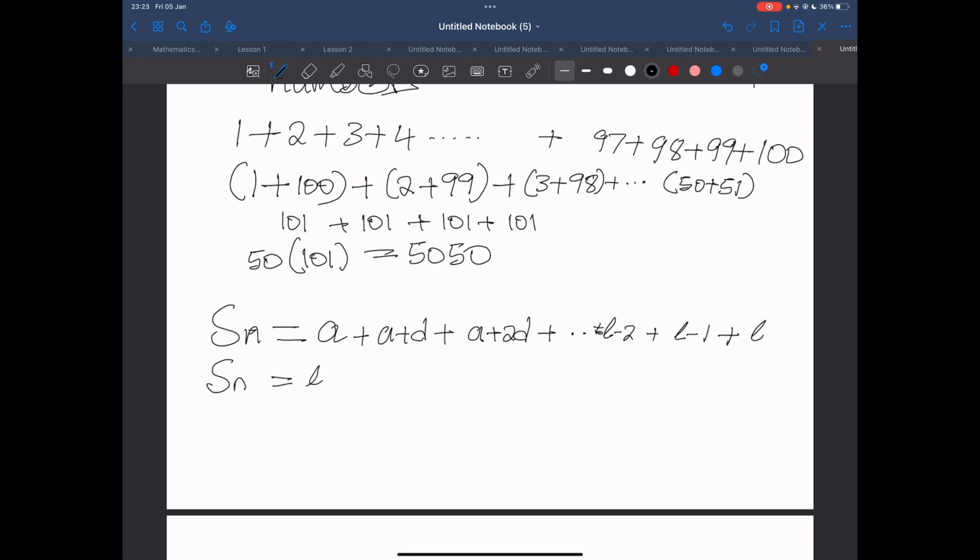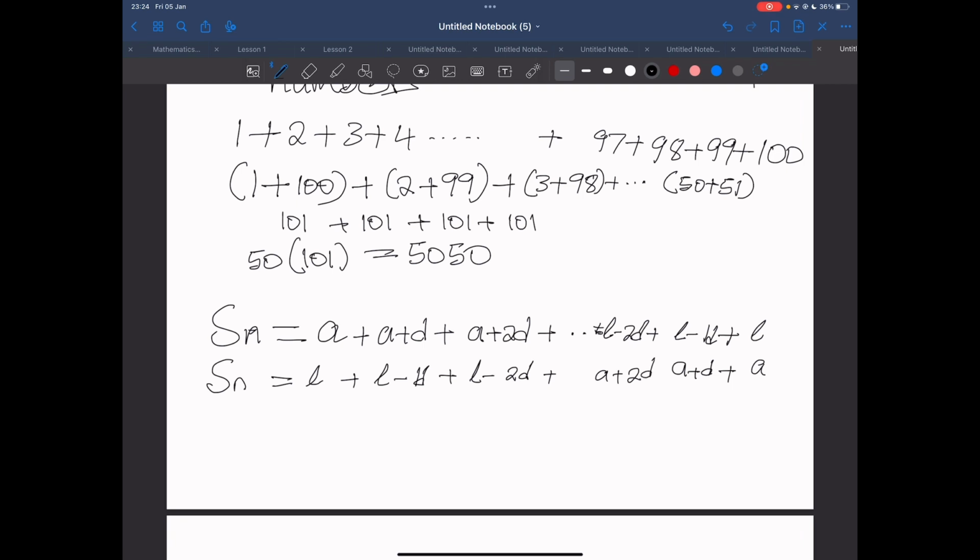So we will have the last term L, the term before last, L minus d, L minus 2d, like that. Underneath, starting from the first term, we have a, a plus d, a plus 2d, like that.